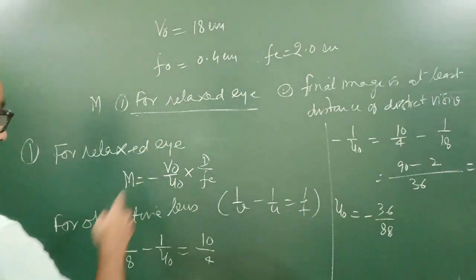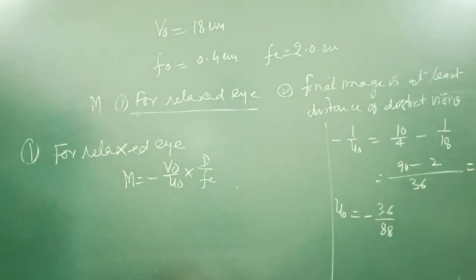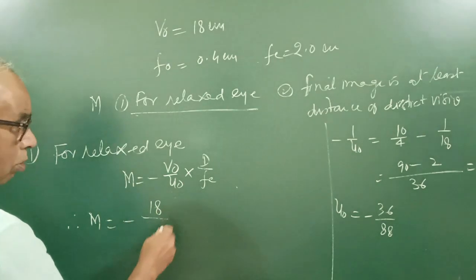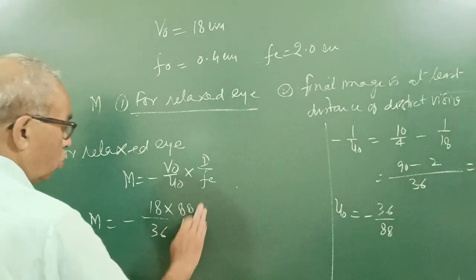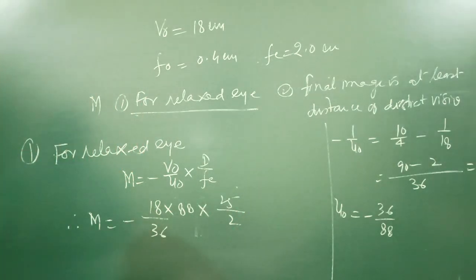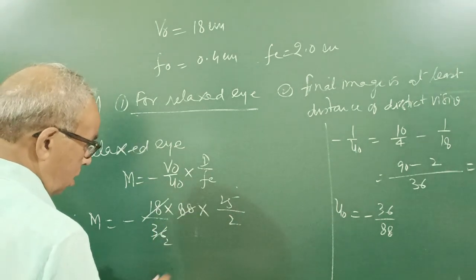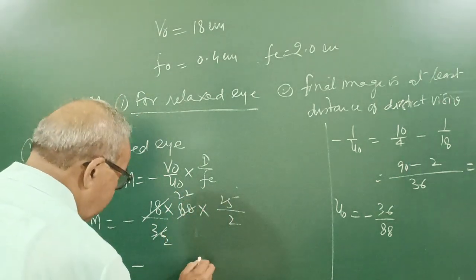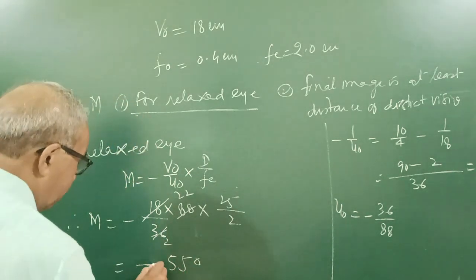Now put the value here. So M is equal to minus 18 upon 36 upon 88 into 25 upon 2. 18 twos are 4, 4 twos are, and it is minus 25 twos are 50, or 55, 550 minus.